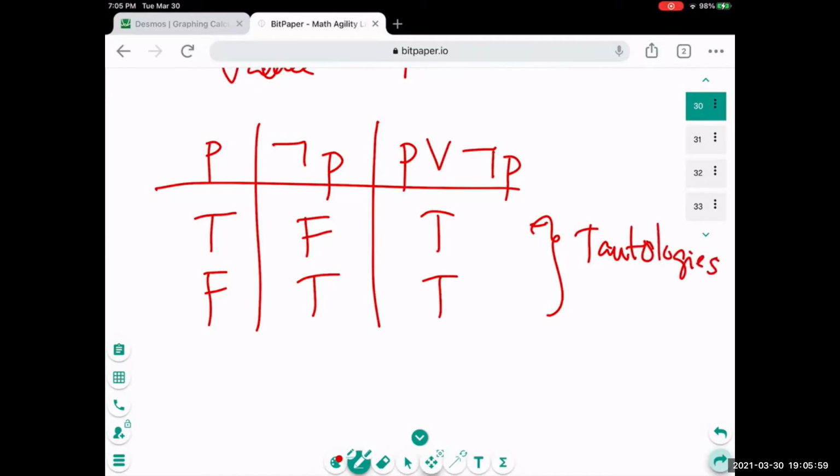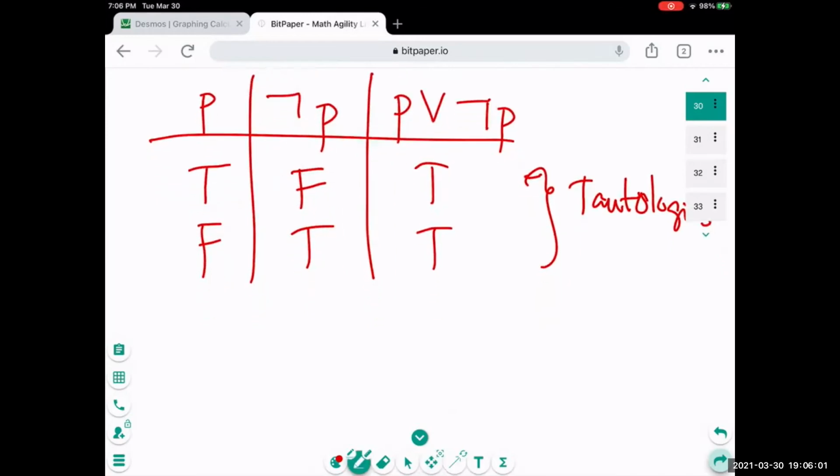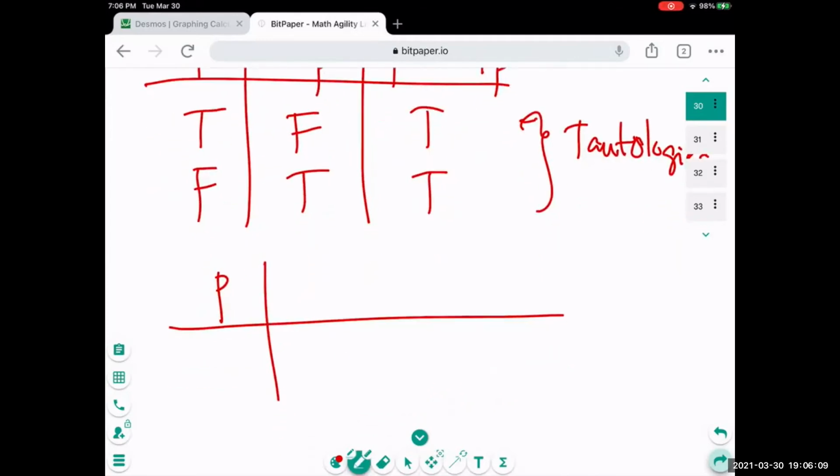So what if kung yung contradiction? So if I have P, and then this is true and false, right? So negation of P is false and true.